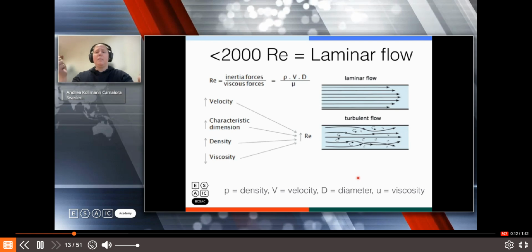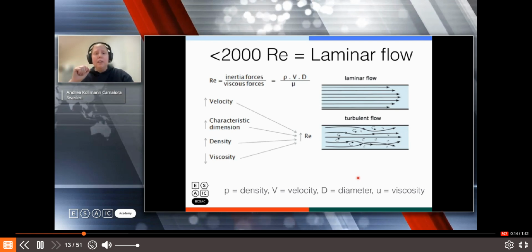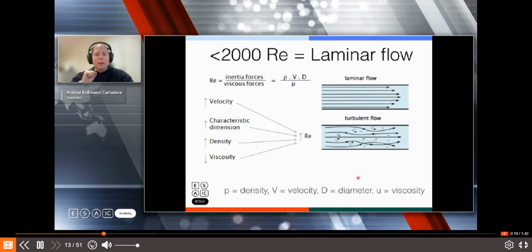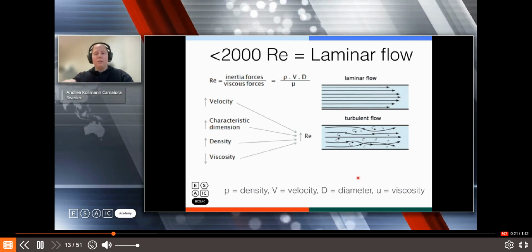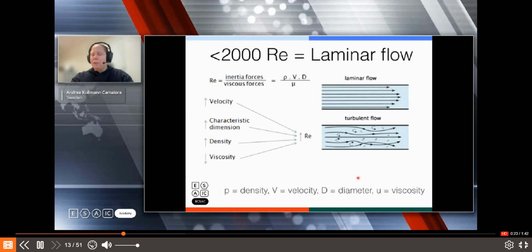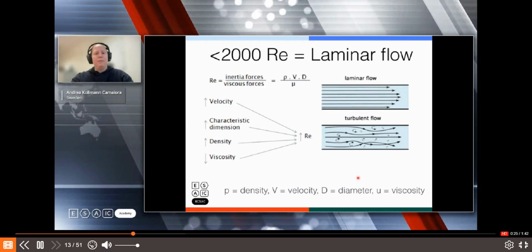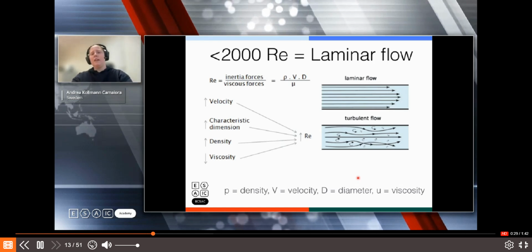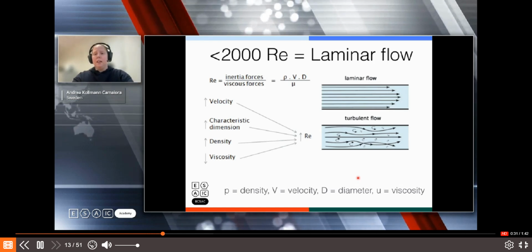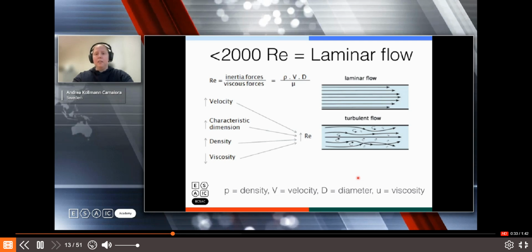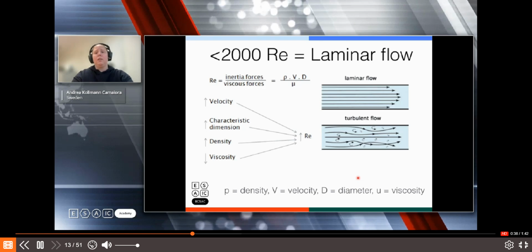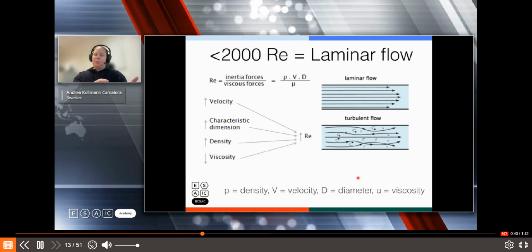If the Reynolds number is less than 2000, then the flow is laminar. But if it is more than 4000, the flow is turbulent. In the exam, you won't get asked between 2000 and 4000. It will be very clear. If the Reynolds number is 1000, that indicates that the flow is turbulent? No, it's false. The flow is laminar because the Reynolds number is under 2000.